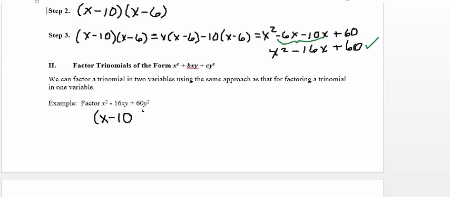But instead of getting x minus 10 and x minus 6, we need the middle term to be xy and the final term to be a y squared term. So this then will need to be x minus 10y and x minus 6y.